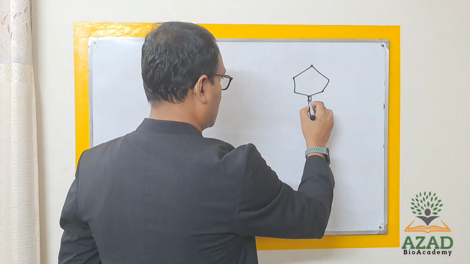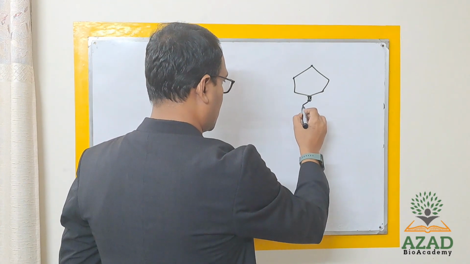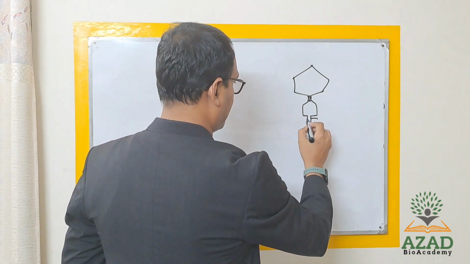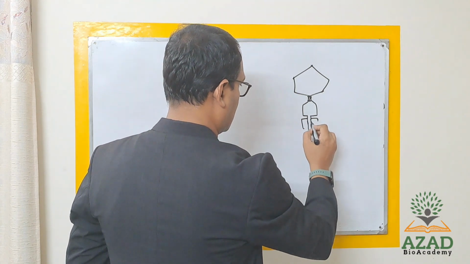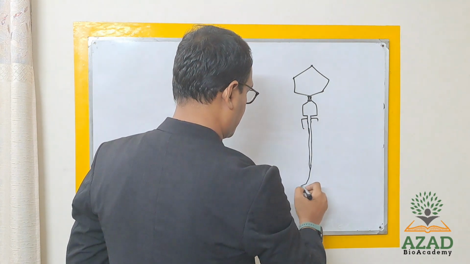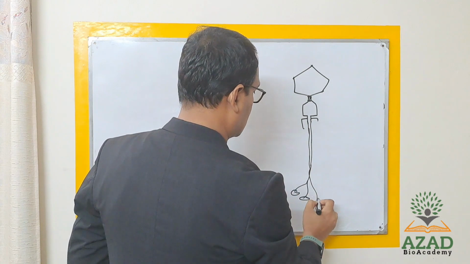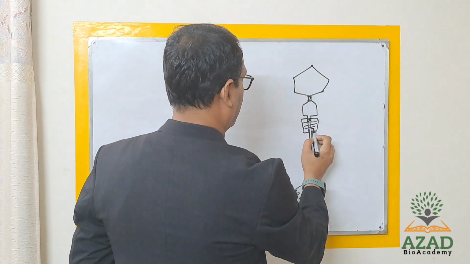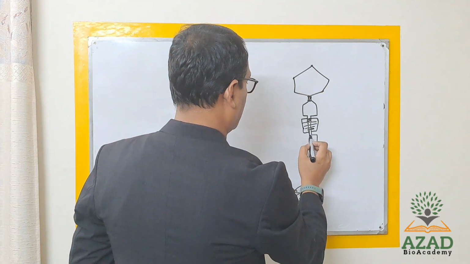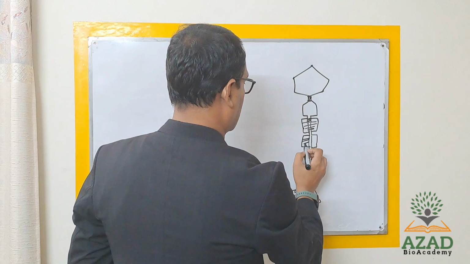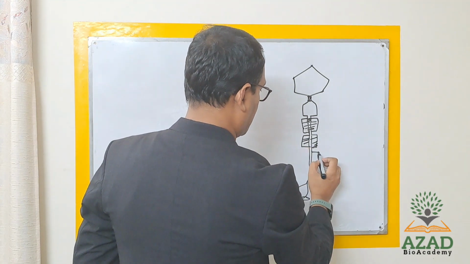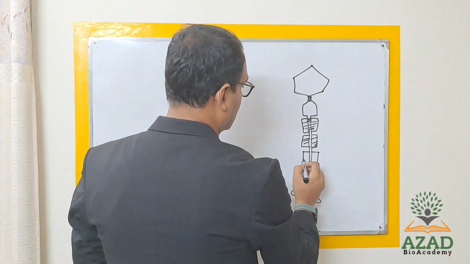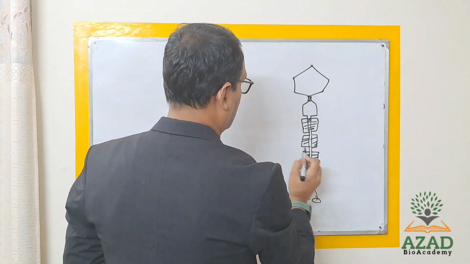So if I draw, here, this is like an ideal neuron. I do not have a good hand in drawing, so like that.